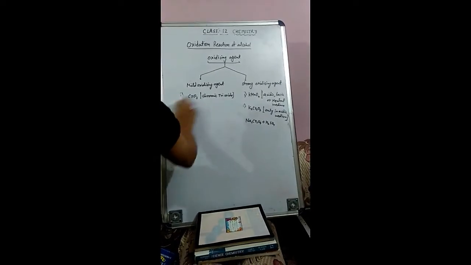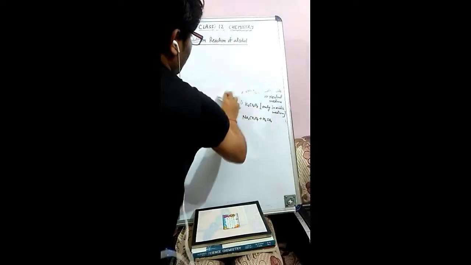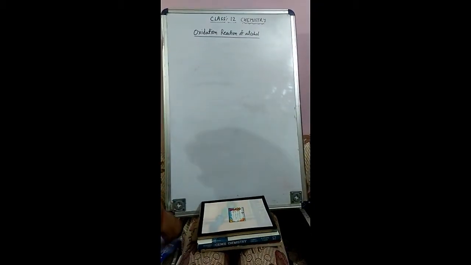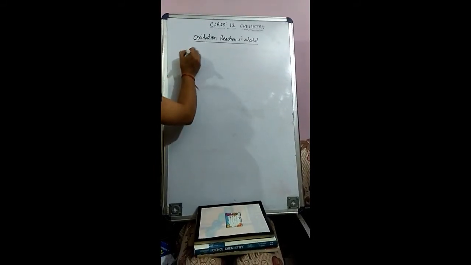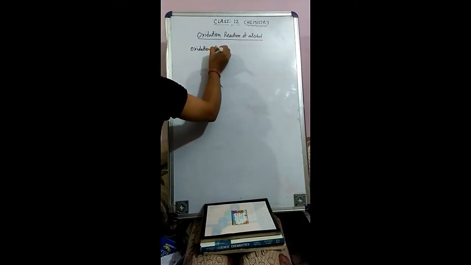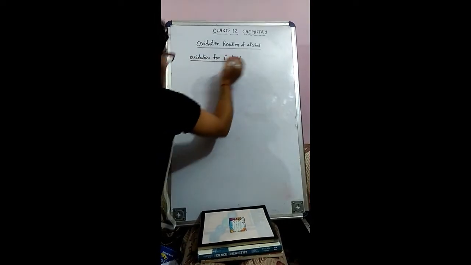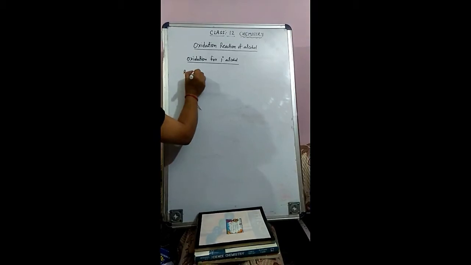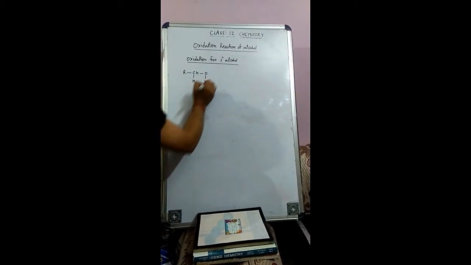Suppose the reaction is the oxidation of a primary alcohol. The primary alcohol is RCH2OH.